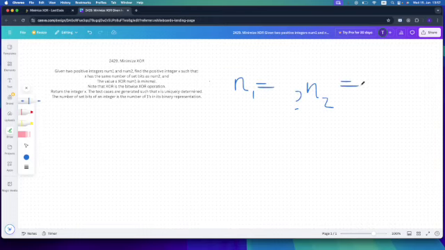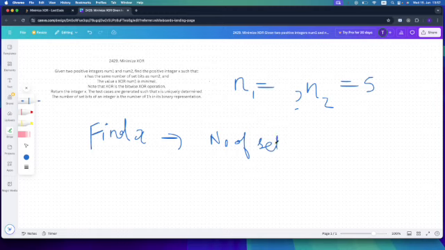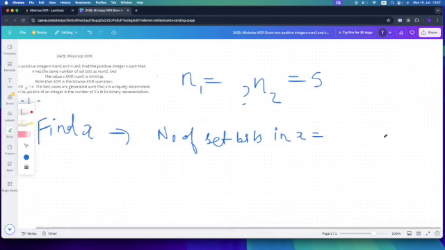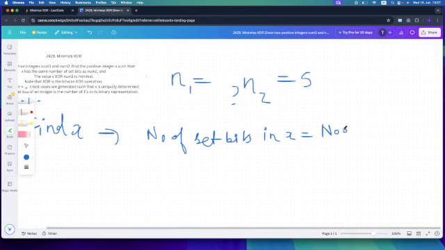What you have to do is find a number x such that the number of set bits in x should be equal to the number of set bits in n2.